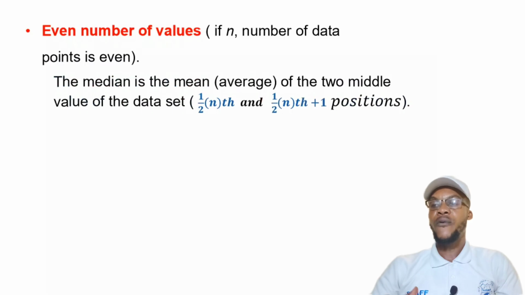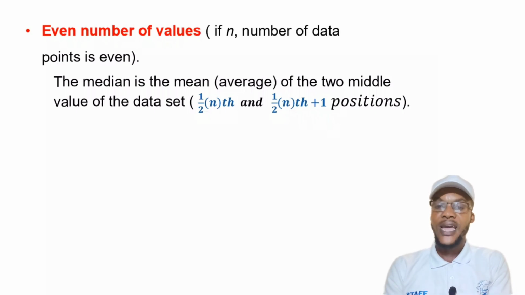So when you arrange them in ascending or descending order, if you realize that the values given are even, then you find the two middle numbers, or you find the half n and then the half n plus 1 position, and you find the median.